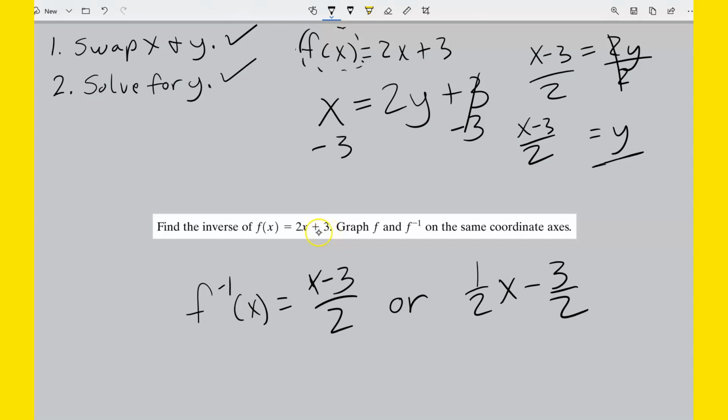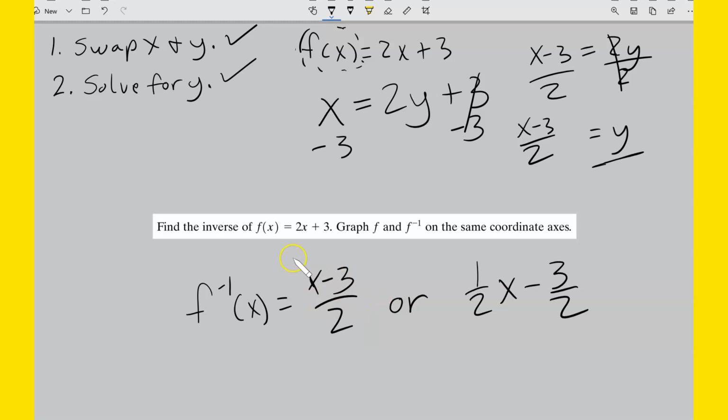If the last thing I did was add 3, then the first thing I do in the inverse is subtract 3. Then the thing that I did before that was I multiplied by 2, so the thing that I do after that is to divide by 2. So that's the logical way. Hopefully that makes some sense to you.